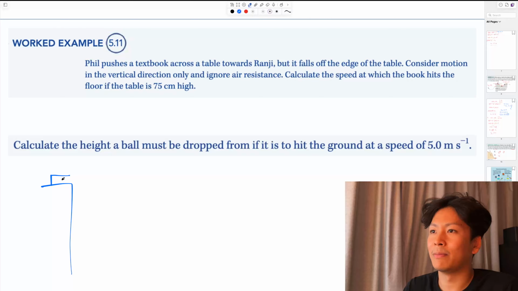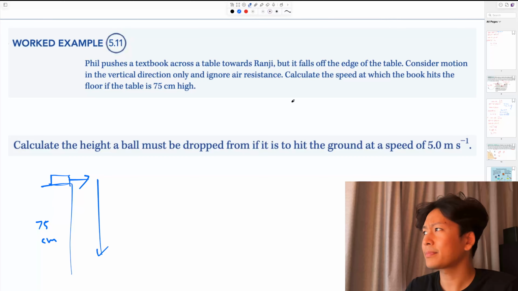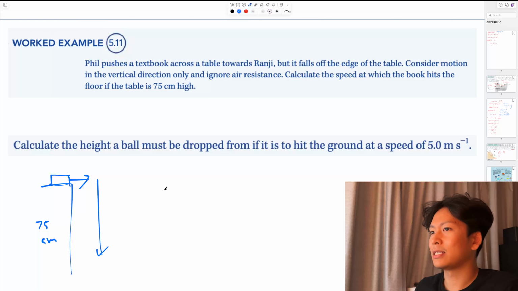So I've got the book here, pushed off, and an object falling down. This distance here is 75 centimeters. So I can essentially just apply my equation: change in potential is equal to change in kinetic.